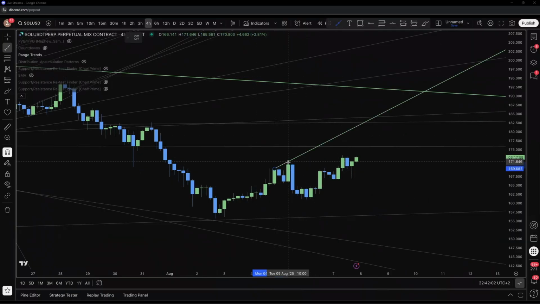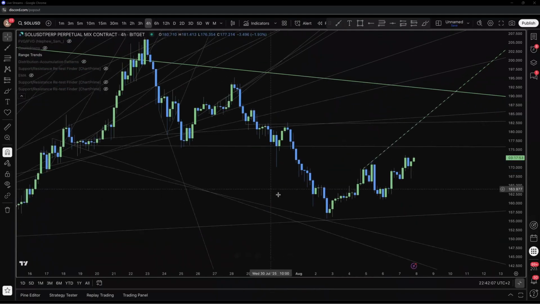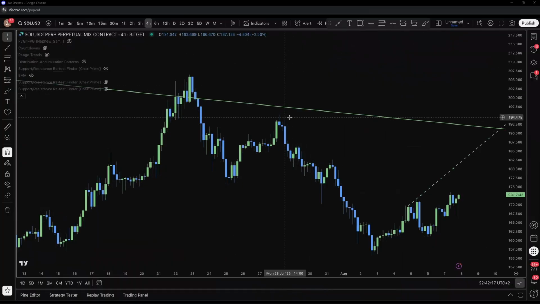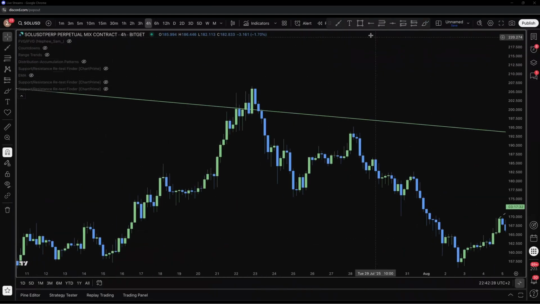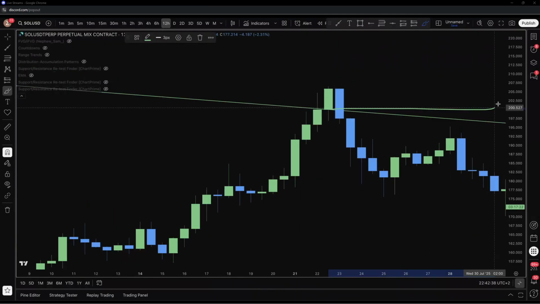So the range trend indicator already shows what I was suggesting earlier, that you can't really draw a range trend from the peak to find longs. There's no viable way to make a useful range trend there that's not pointing 45 degrees up.